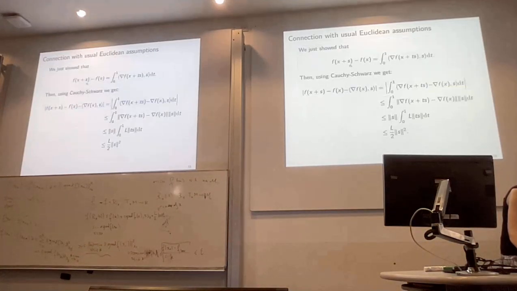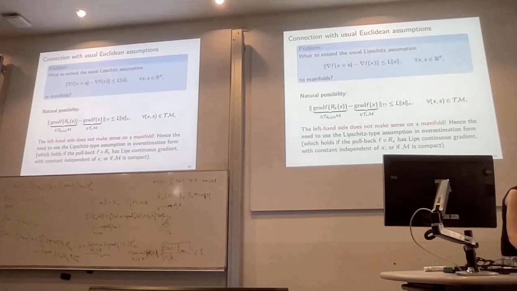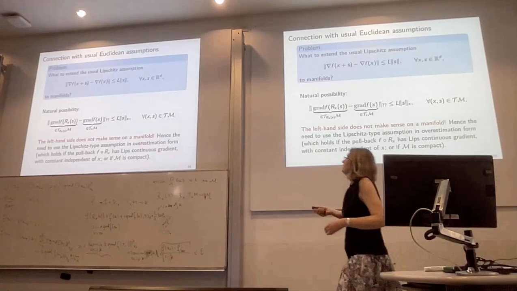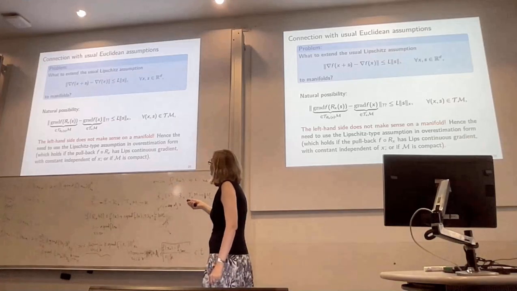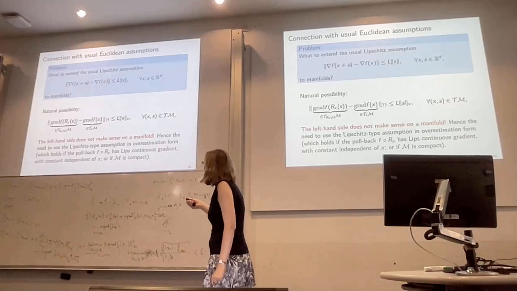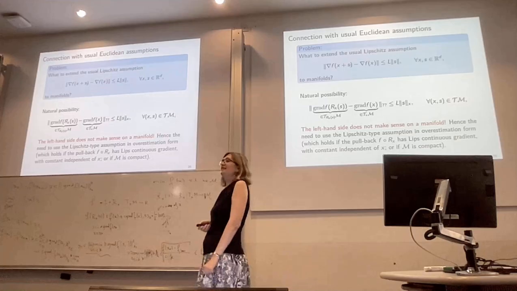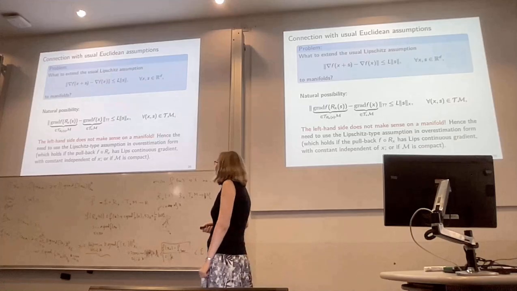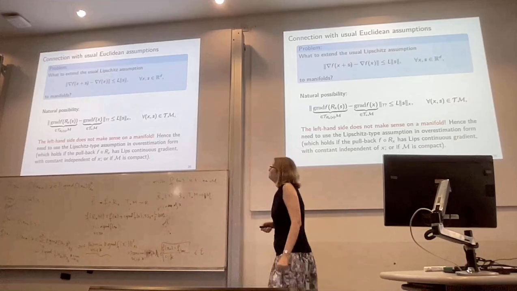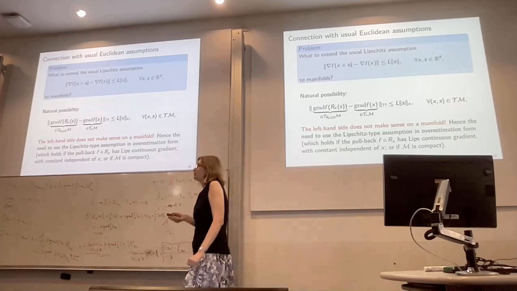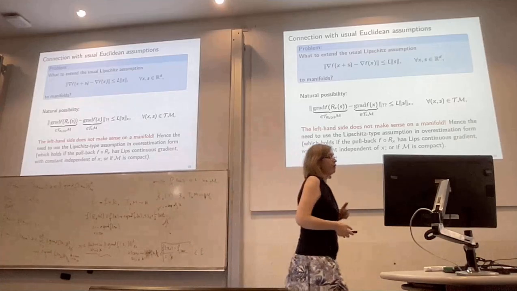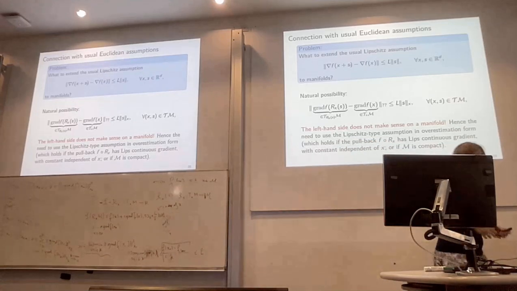You can do that, but it's messy. Okay? So you can't, because this gradient at xk plus 1 would lie in a different tangent space than this gradient at my base point. So that's the tricky bit.